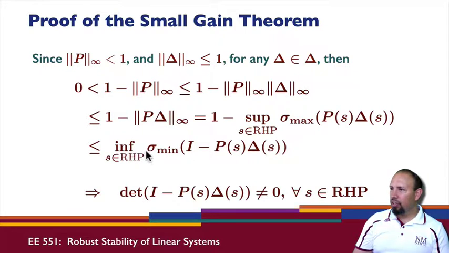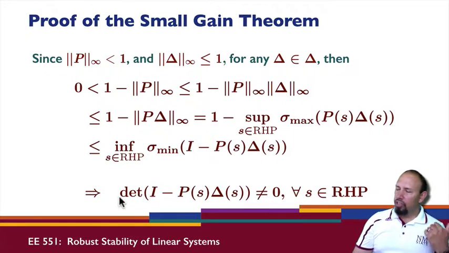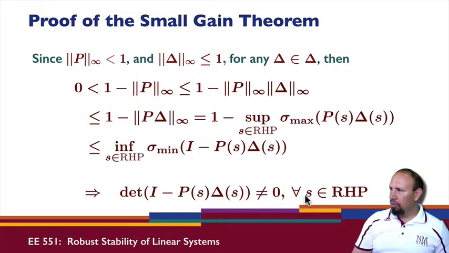So this tells us that the determinant is not 0 for all S in the right half plane. Okay, so we started off with our system being stable and the infinity norms being what they need to be, and that tells us that this determinant cannot be 0 for all S in the right half plane and for all uncertainties in our uncertainty set.